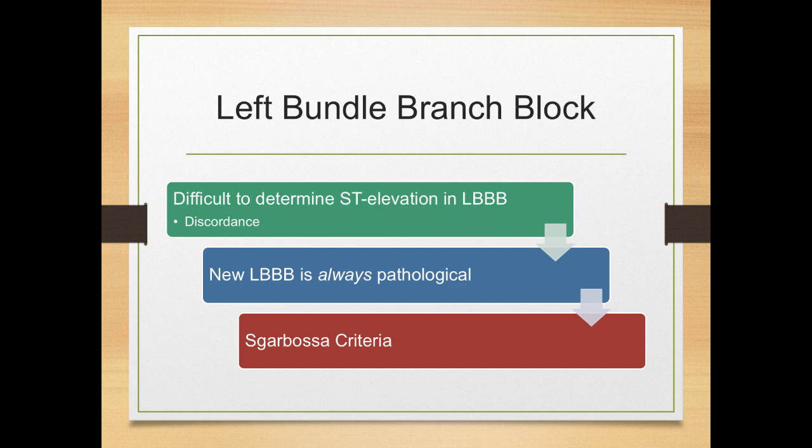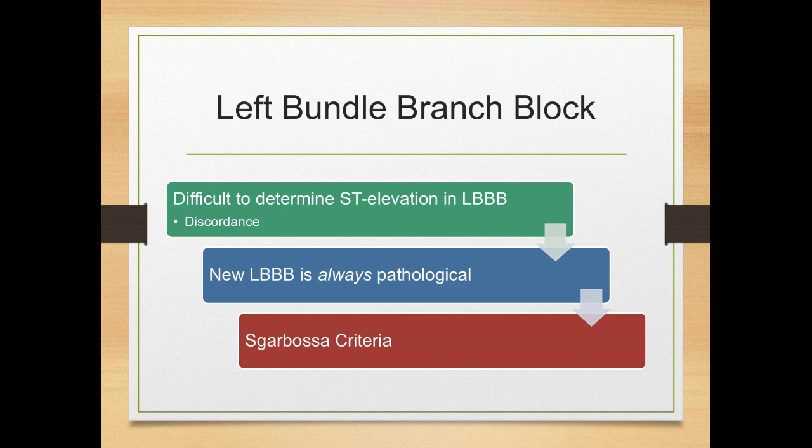Unless you're actively responding to your patient's cardiologist office and they have 3.5 years worth of 12 leads, we usually don't know if that left bundle branch block is brand new or not. If we have evidence of that, a brand new left bundle branch block is always bad, always pathological. That's always an issue to call a STEMI.